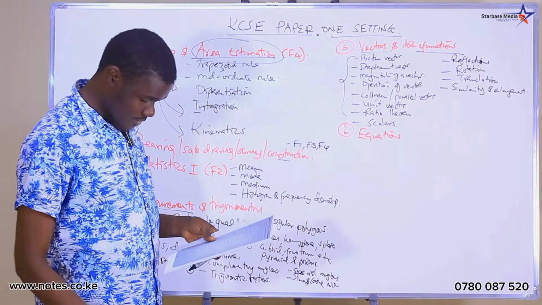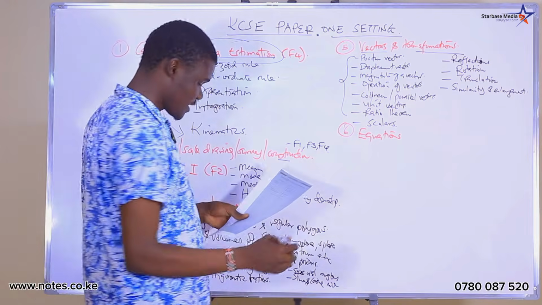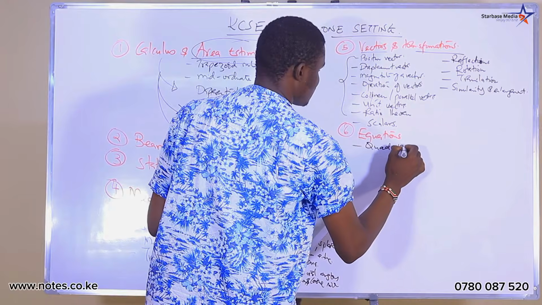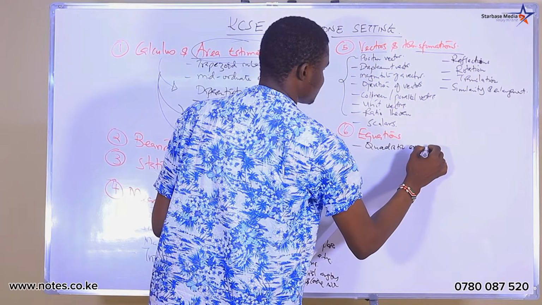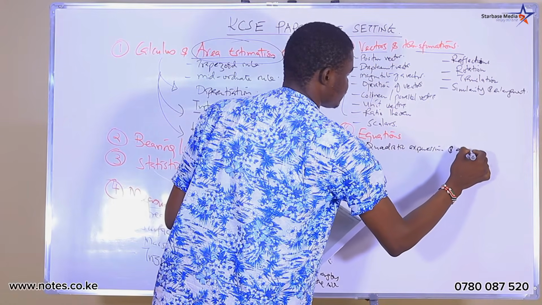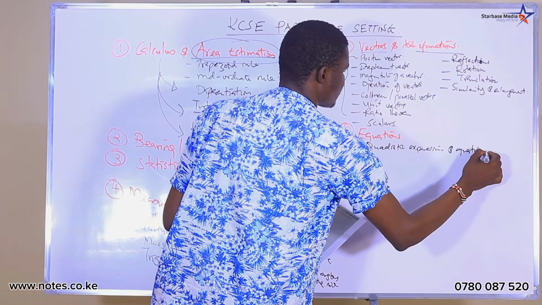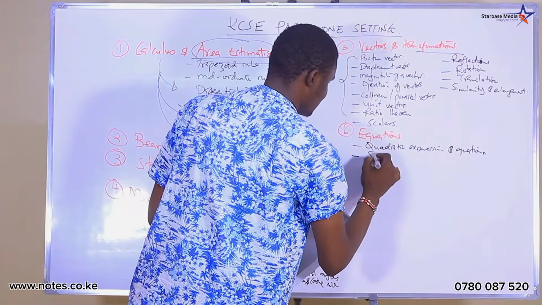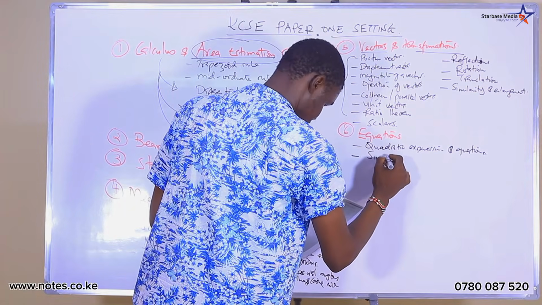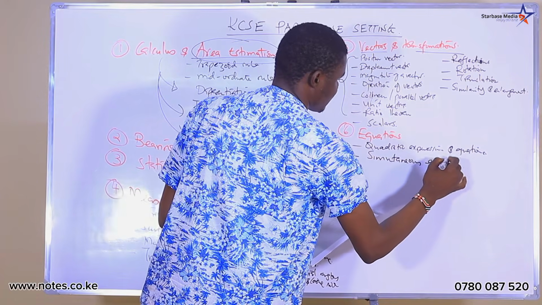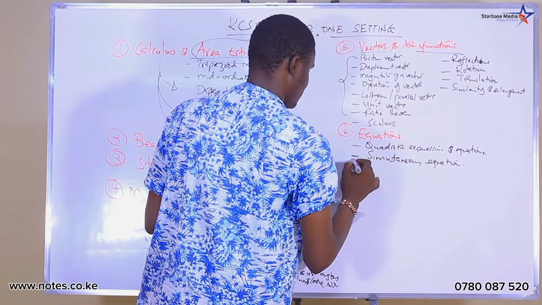Another thematic area in paper 1, KCSE, is the part of equations. So equations range from quadratic expressions. This is a Form 2 topic. Quadratic expressions and equations. This is a Form 2 and Form 3 topic. Then you move to simultaneous equations, Form 1. That's a Form 1 topic.